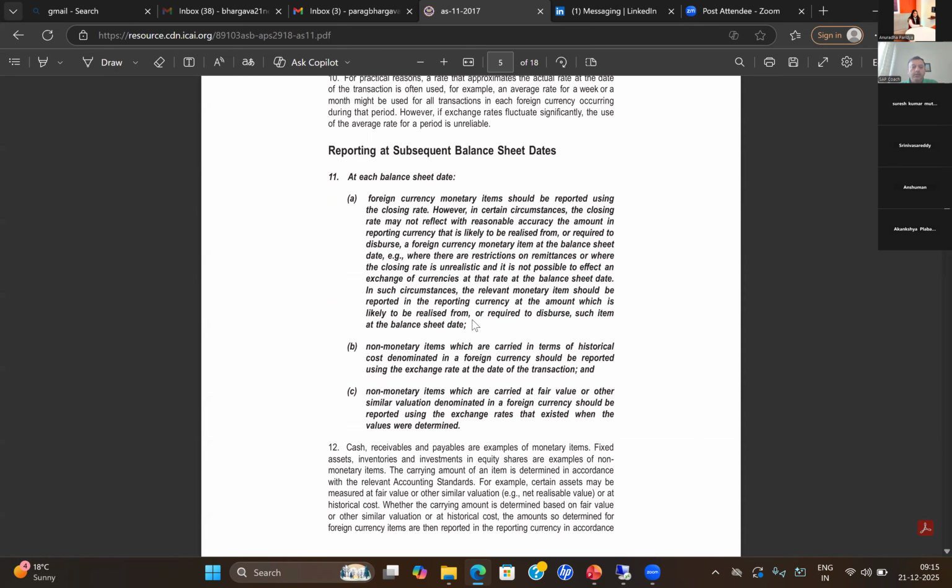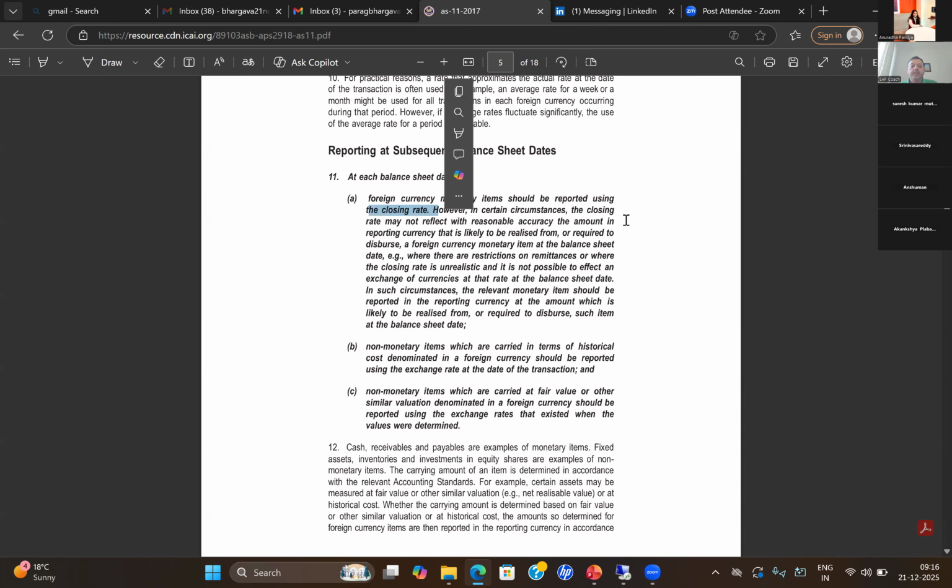Then moving on, we are talking about reporting at subsequent balance sheet date. When I have done the booking and then I come to the next period end, it might be a month end, it might be a year end. You can see in number A, foreign currency monetary items should be reported using the closing rate.